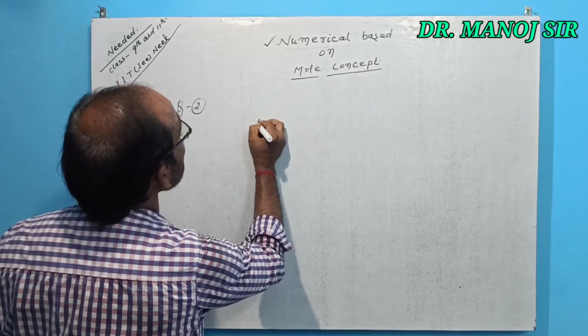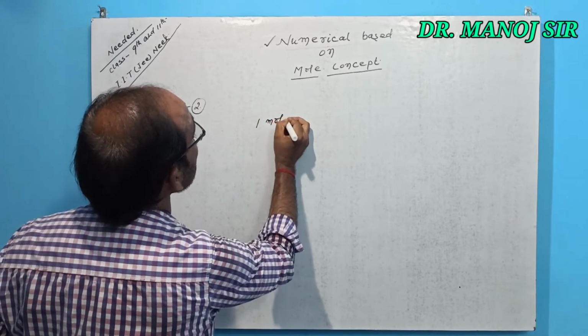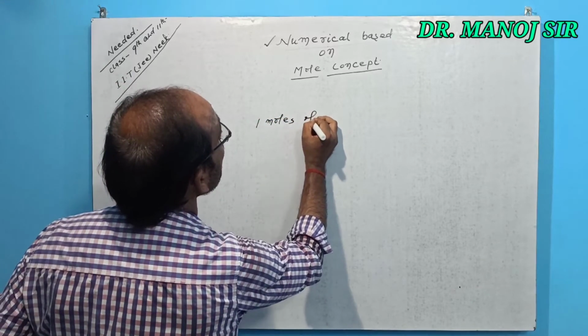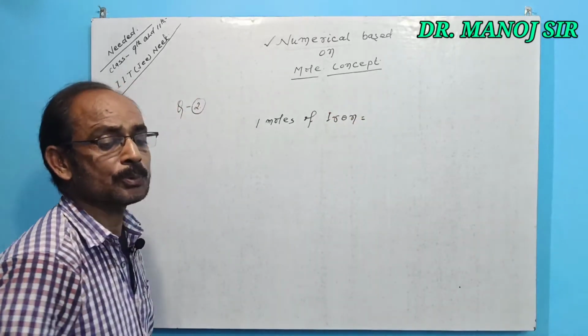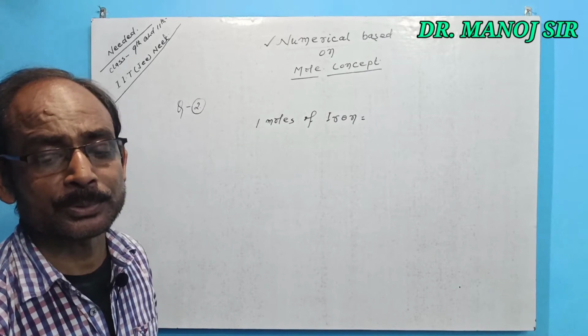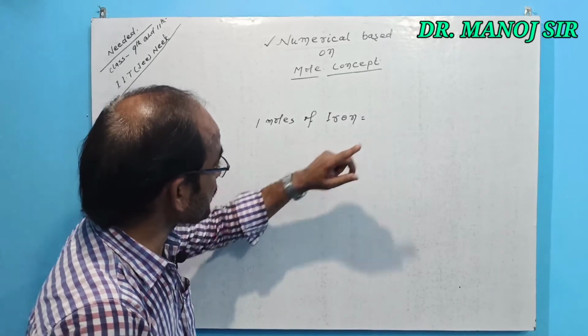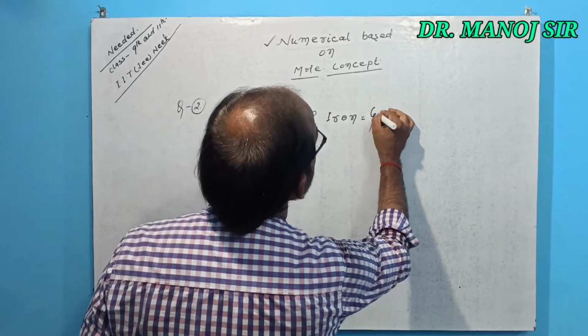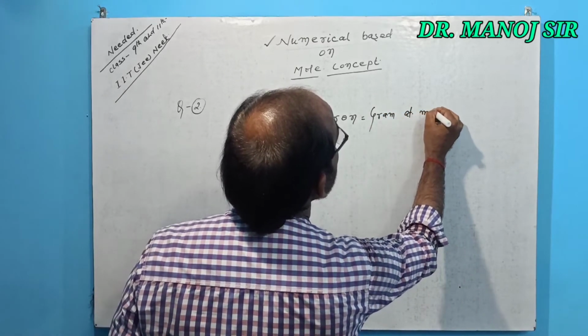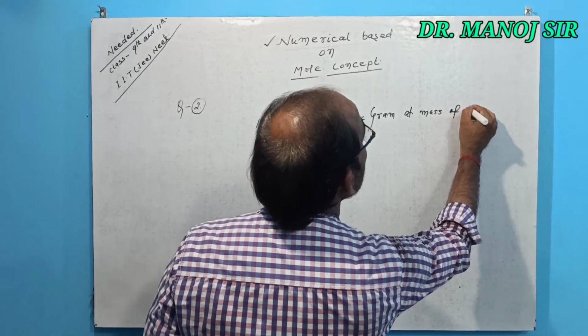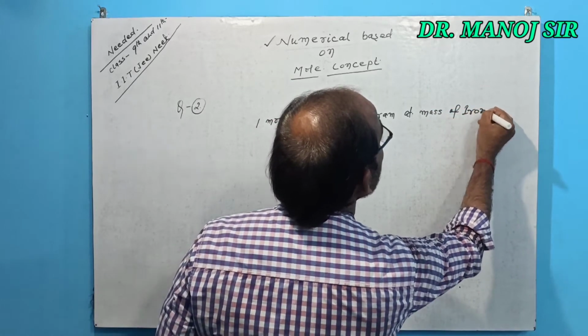चलें, 1 मोल ऑफ आयरन इक्वल टू 1 मोल ऑफ आयरन इक्वल टू ग्राम एटमिक मास ऑफ आयरन, ग्राम एटमिक मास ऑफ आयरन.